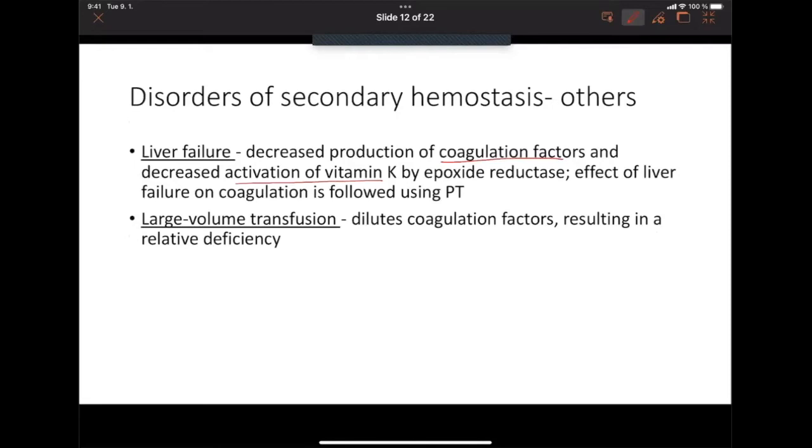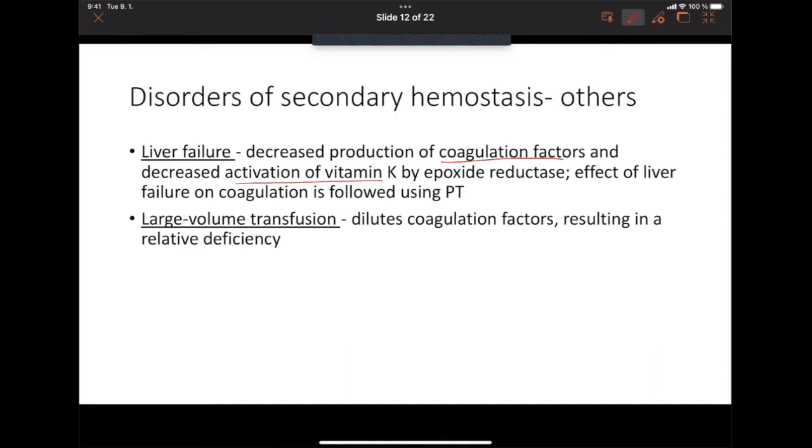And another thing to keep in mind is that when liver failure occurs, you usually start first with a procoagulative phase before the decreased coagulation.